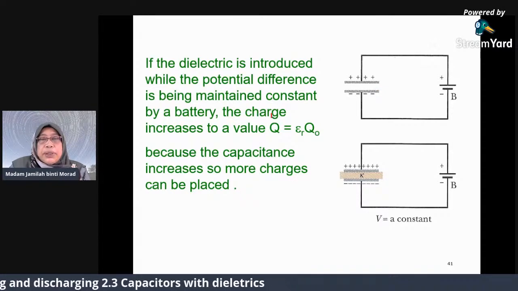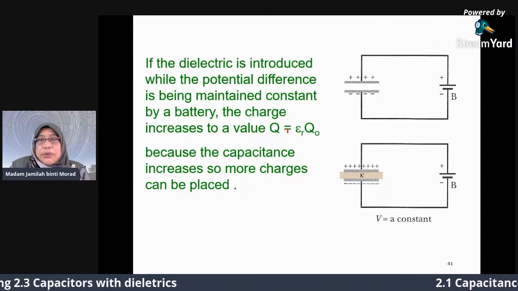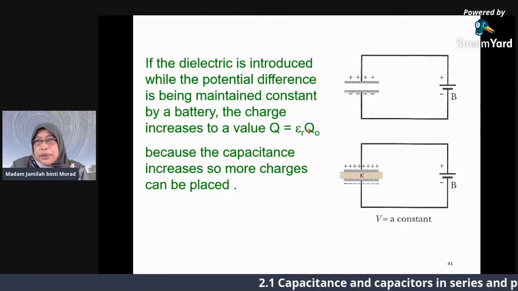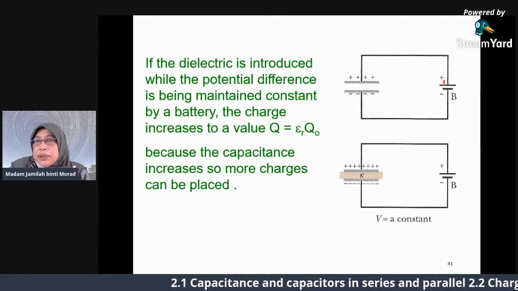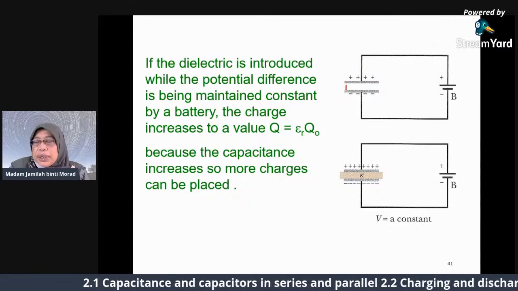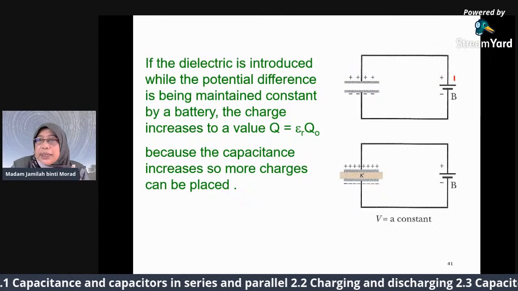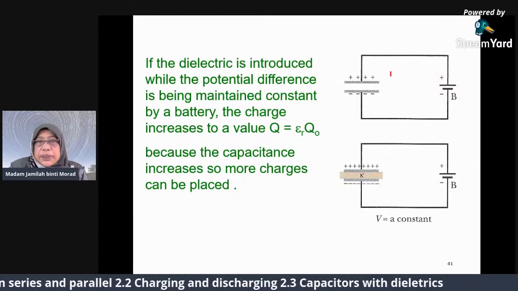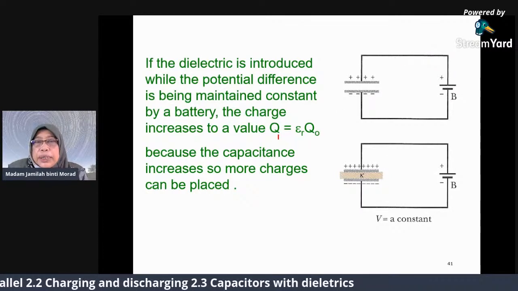Then what happened? The charge increased. When you connect to the battery, you have higher storage, your capacitance increases, then the battery can pump more charges to the capacitor. That's why the value of Q increases.